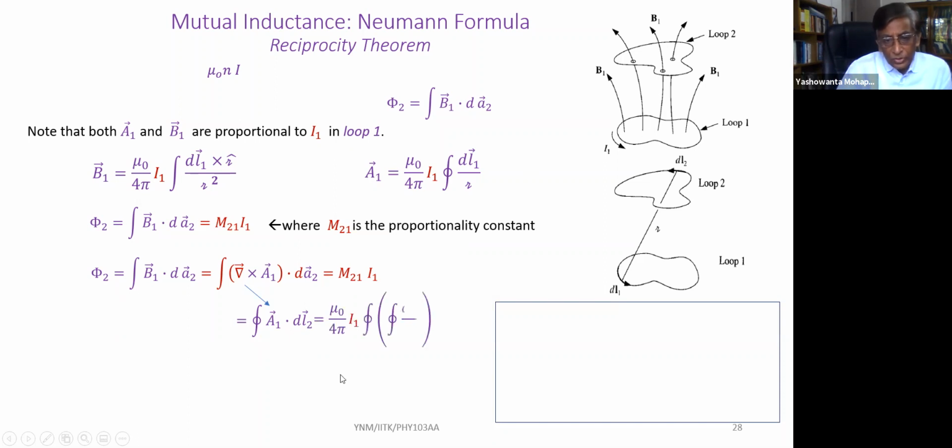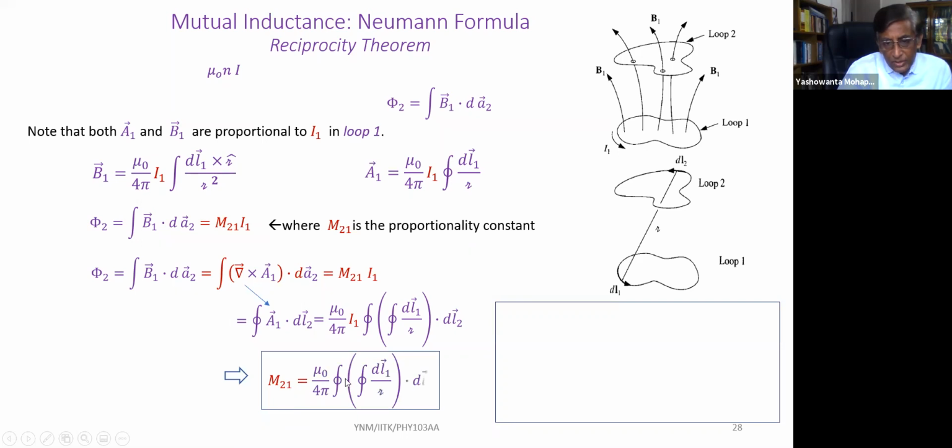So mu naught over 4 pi, I'm just replacing by that. Of course, this is again proportional to, I'm just replacing by A1, so there is already an integral, and dl1 and dl2. So phi 2 is then proportional to this, and one can say that M21 is proportional to mu naught over 4 pi.